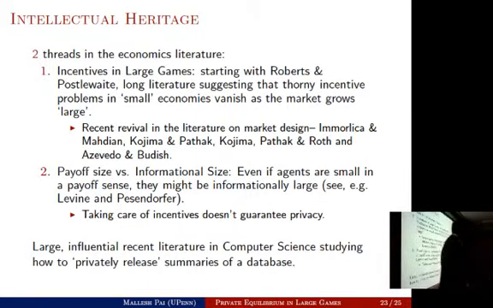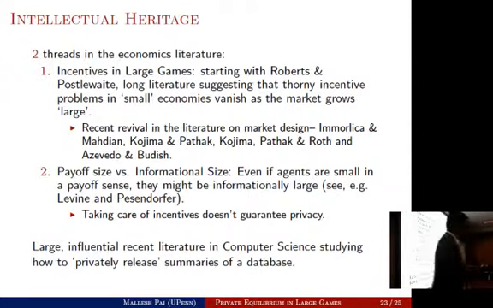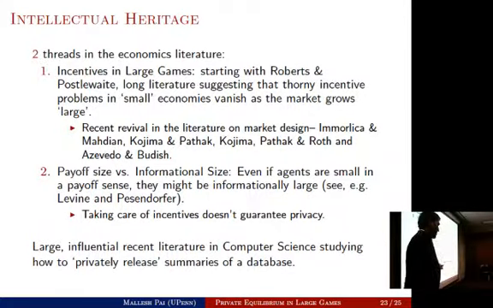Those are the results we have. I just wanted to take a few minutes and tie it back into the literature. There's, firstly, of course, more directly related to computer science, there's been a broad literature on studying how to privately release summaries of a database. We use it.